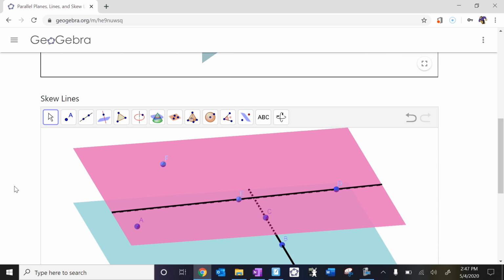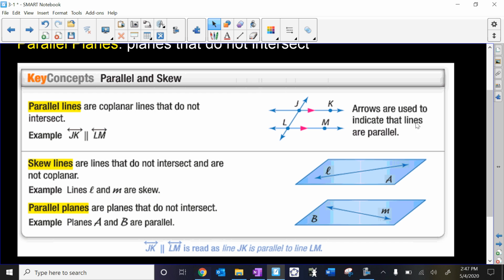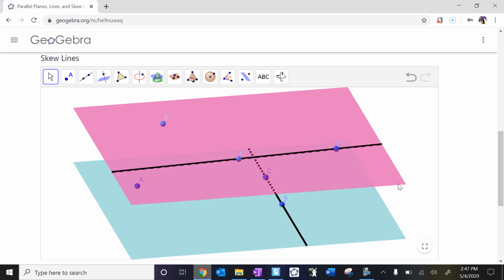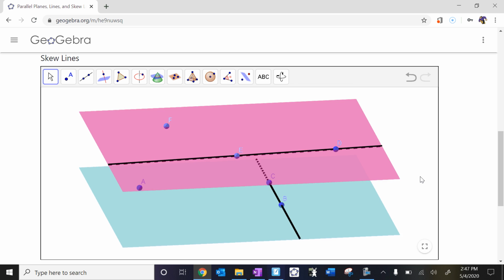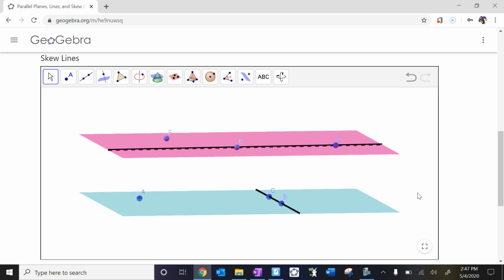And another type of line that we have are called skew lines. Go back to the definition. Skew lines are lines that do not intersect and are not coplanar. So they are not going to be on the same plane, and they're not going to intersect. So a good example is going to be this picture right here. Notice how I have two lines, DE and CB. They're on different planes, and those are not intersecting.